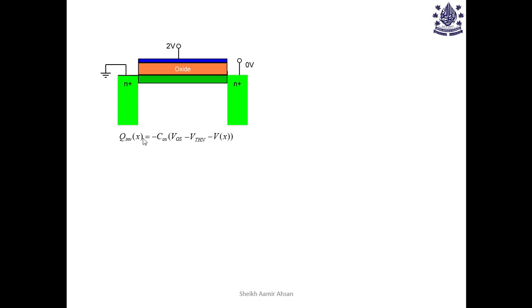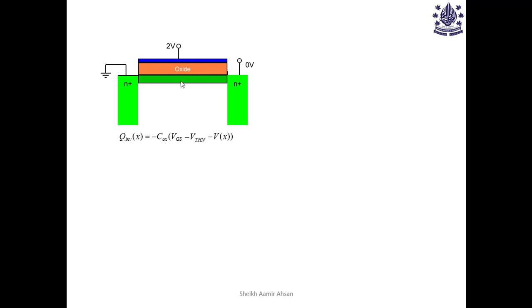Now let's focus on this thing. So here we have not applied any voltage between the drain and source. And this is your typical MOSFET. This is your source, this is your drain, this is your channel, and we have a gate voltage, which means that there is inversion because 2 volts is greater than threshold voltage. Threshold voltage is 1 volt.